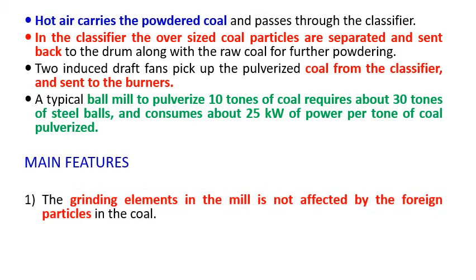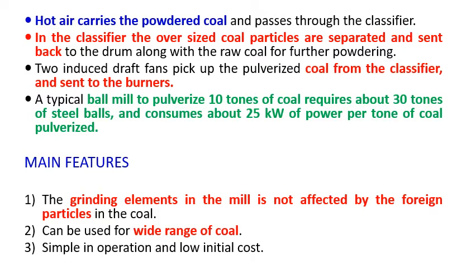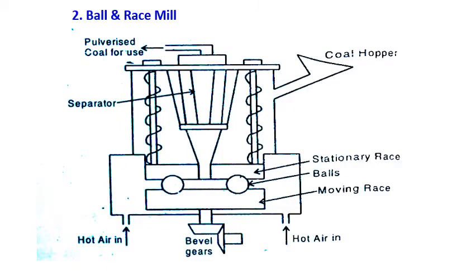The main feature is that the grinding element in the mill is not affected by foreign particles in the coal, and it can be used for a wide range of coal, whether grades A, B, C, D, E depending on semi-bituminous, bituminous or lignite. It is simple in operation and has a low initial cost. Let us see the working of the ball and race mill.